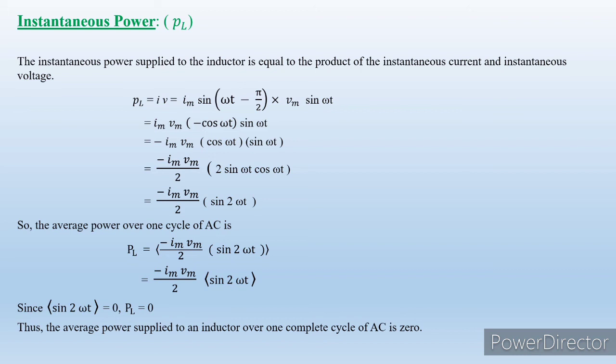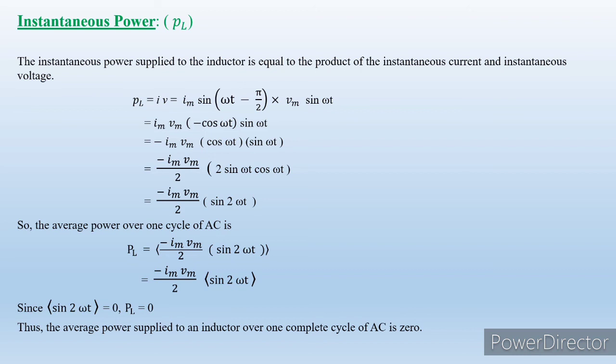Now multiplying and dividing by 2, we get PL is equal to minus Im into Vm divided by 2 into 2 sin omega t cos omega t. That is once again equal to minus Im Vm by 2 into sin of 2 omega t.